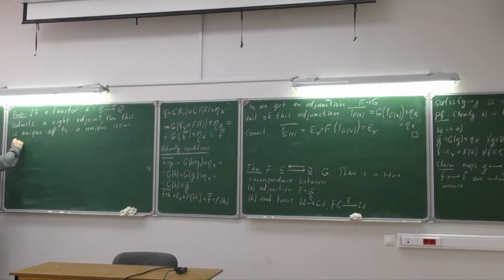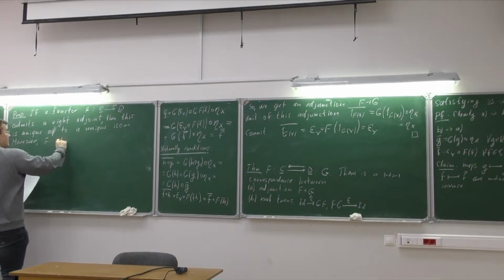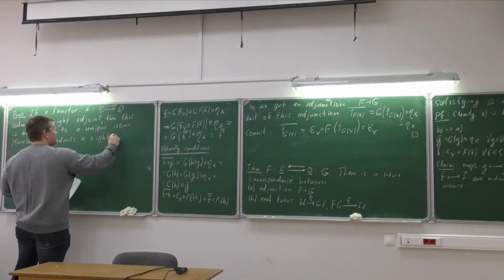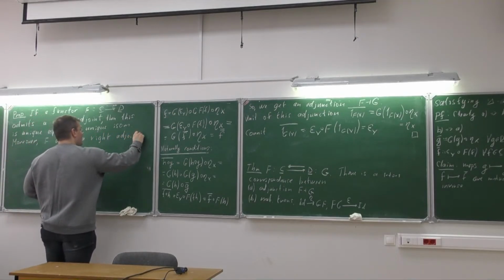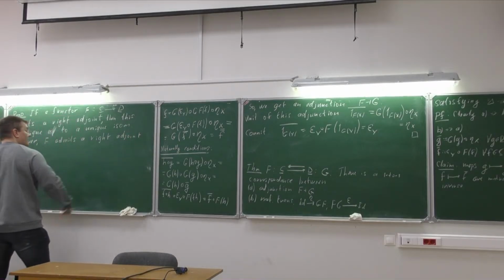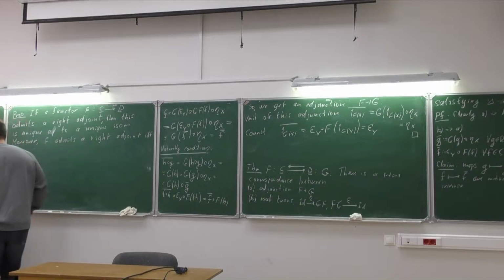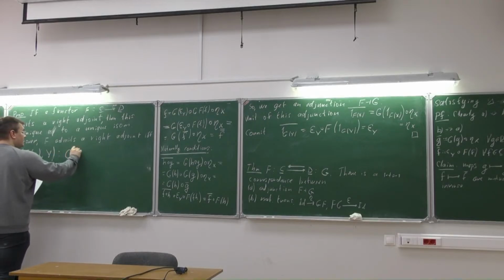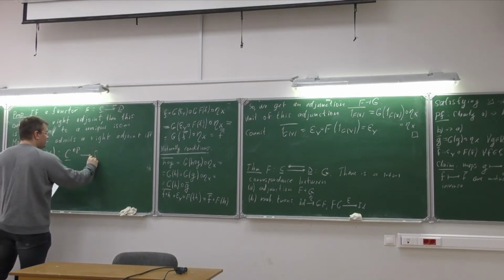And moreover, functor f admits a right adjoint if and only if the following functor, take D, first argument is f with a blank, the second argument is some object y, so we can think about this as a functor from the C op to the category of sets.